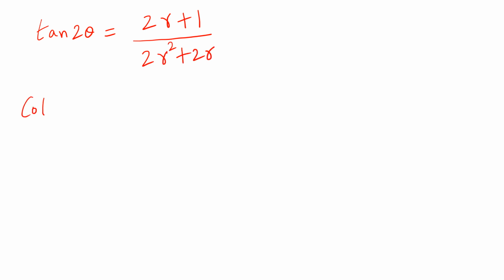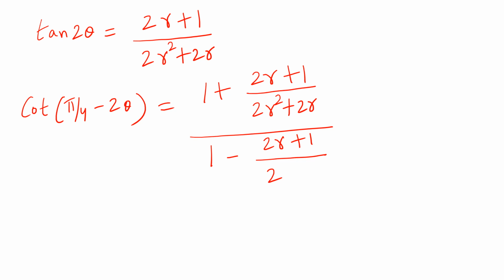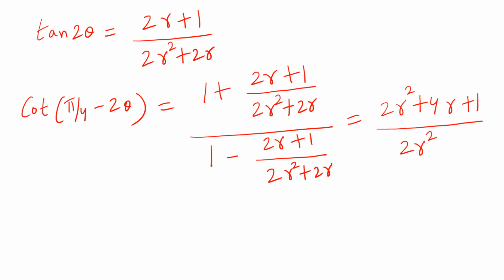So this means cot of (pi by 4 minus 2 theta) becomes equal to [1 plus (2R plus 1) divided upon (2R square plus 2R)] whole divided upon [1 minus (2R plus 1) divided upon (2R square plus 2R)]. Upon simplification, it becomes (2R square plus 4R plus 1) divided upon (2R square minus 1).